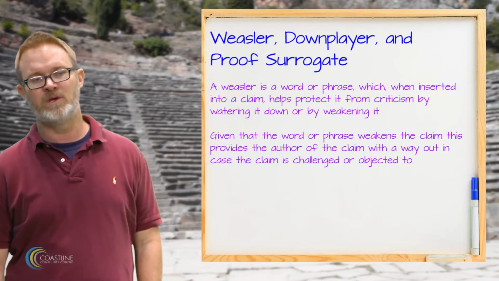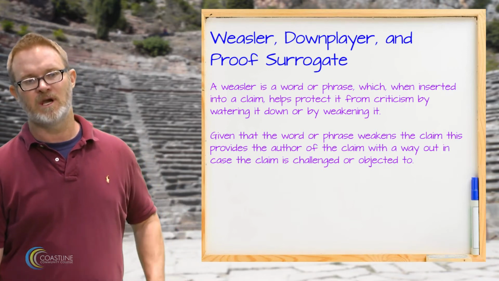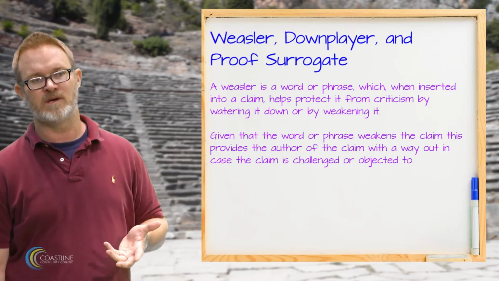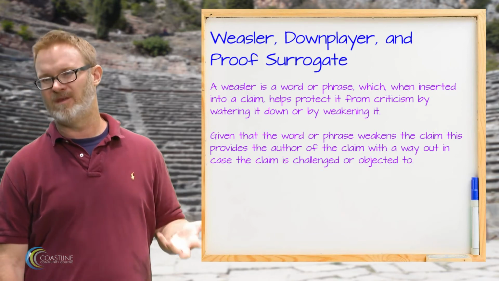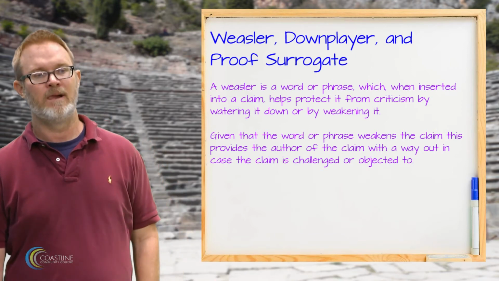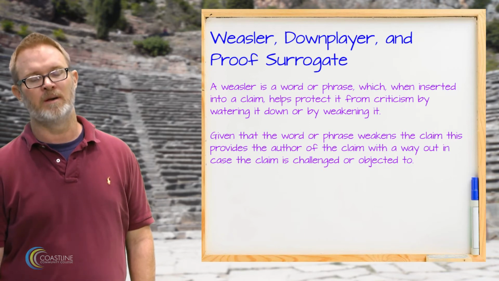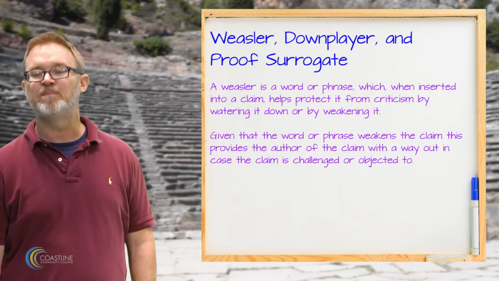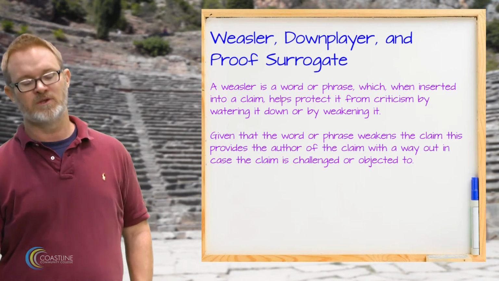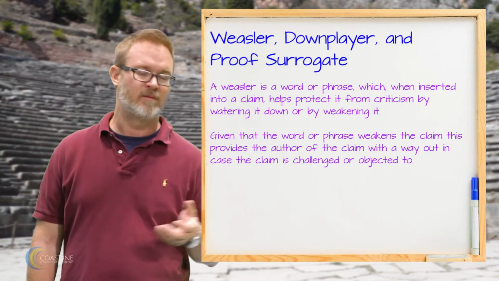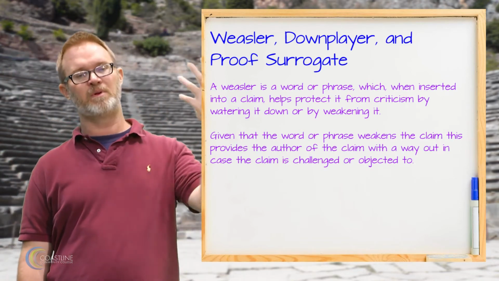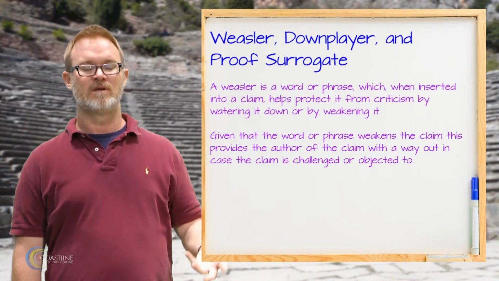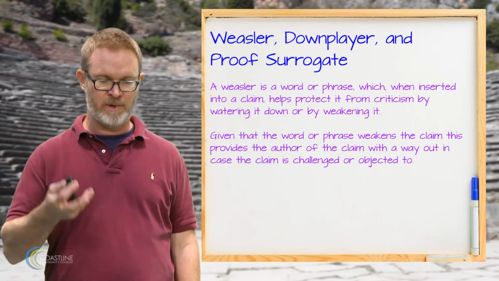A Weaseler waters a claim down or weakens it without really looking like it's doing that. For example, you might say, "Perhaps he was lying." Instead of saying, "Oh yeah, he was lying," you say maybe he was, which still implies it and gets the idea in your mind, well, maybe he was.